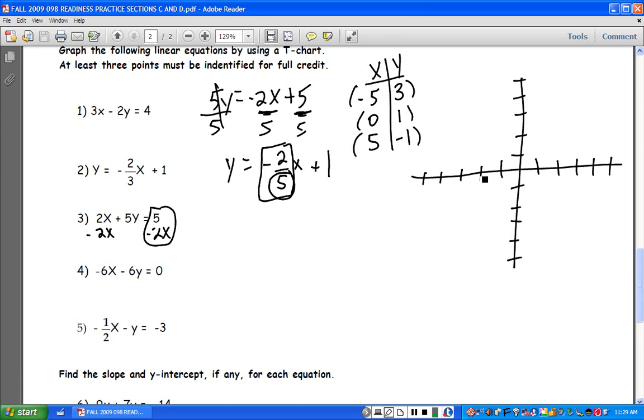Okay, so negative 5 is back here, up 3. 5, up 3 is right about in here somewhere. 0, 1 here. 5, negative 1 here. And so our line, I know it's crooked, but our line will look something like that right there. Alright, there's that line.